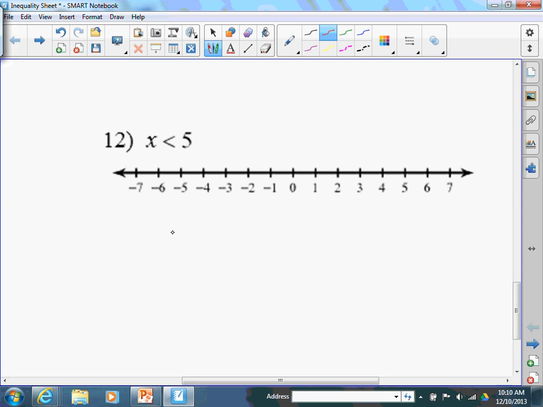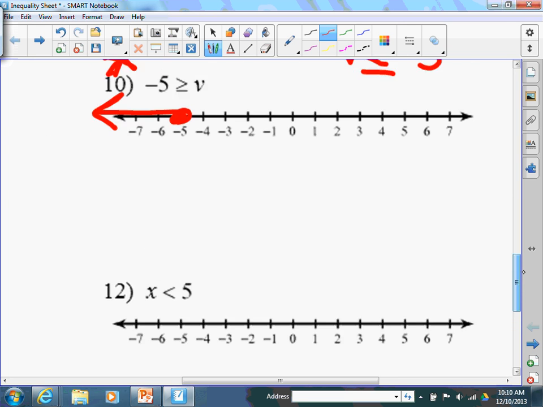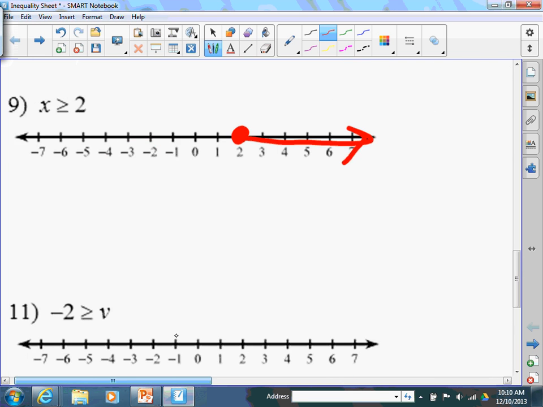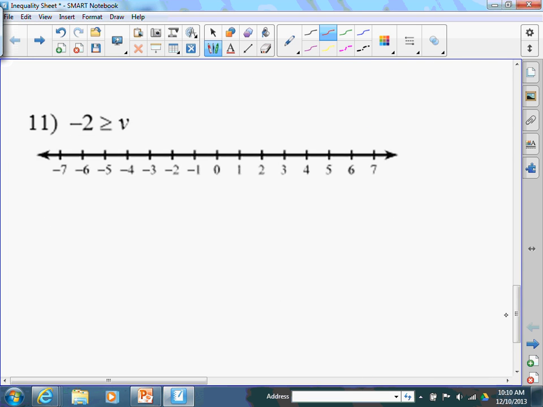Number 11. Is the variable on the left-hand side? No. Nope. So I have to rewrite it. B, flip, -2. Okay? All right.